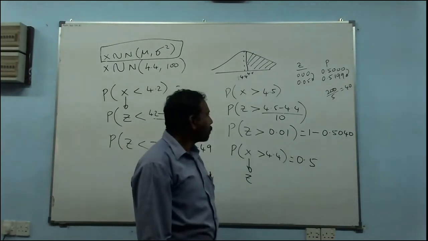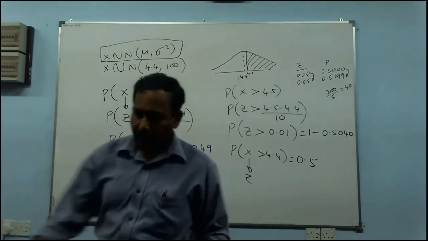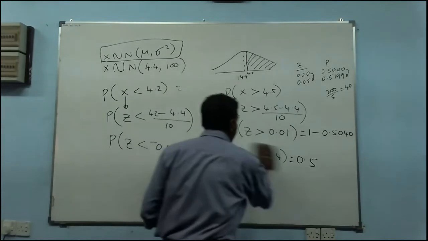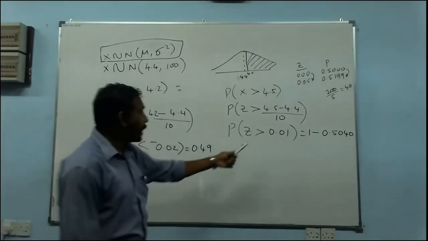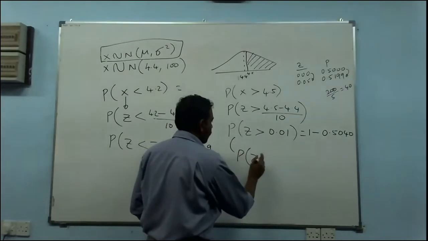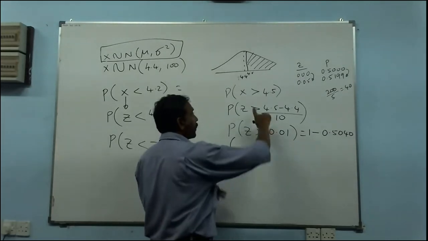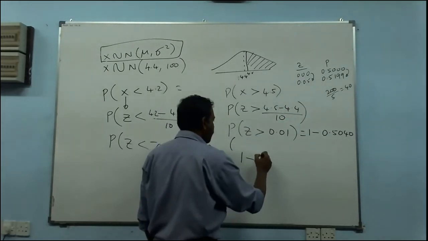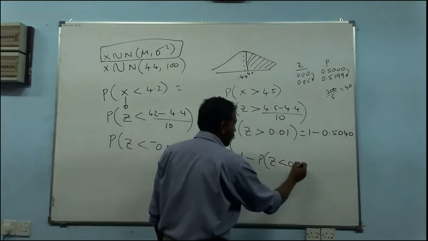Okay. I will erase this so that it will be more clear. We cannot find the greater than directly. So we'll have to say probability of Z greater than, because this is the probability of the right side, 1 minus probability of Z less than 0.01.